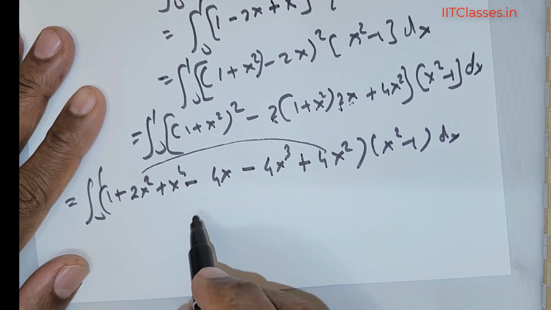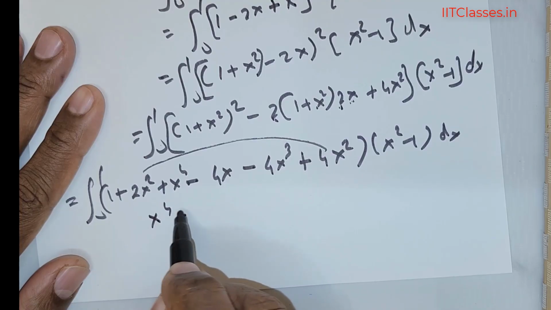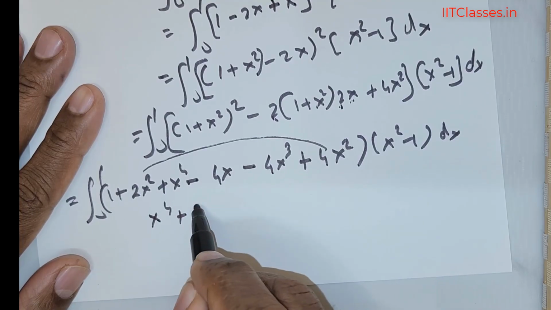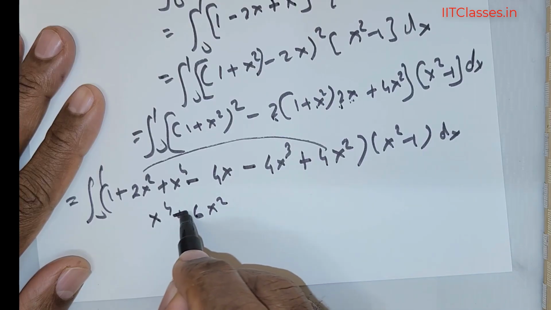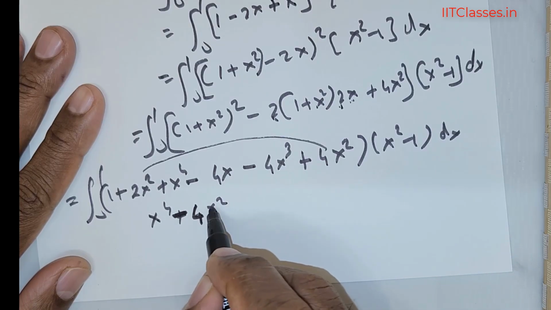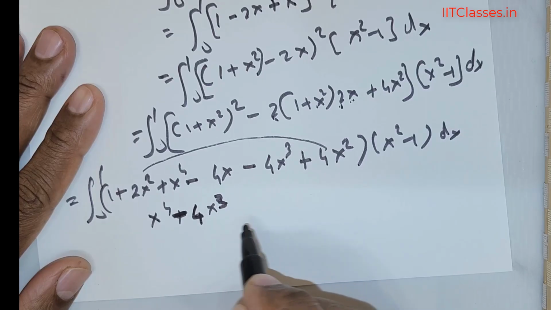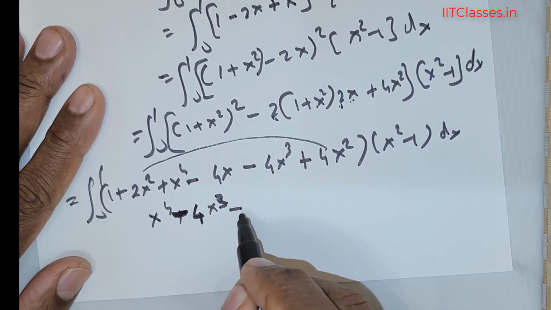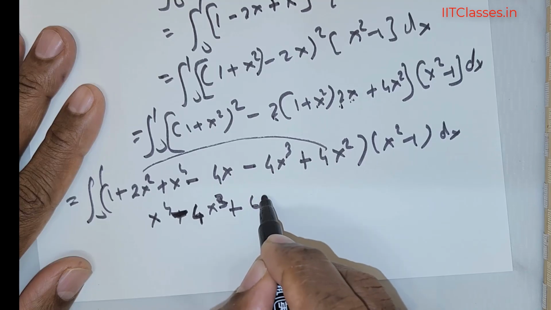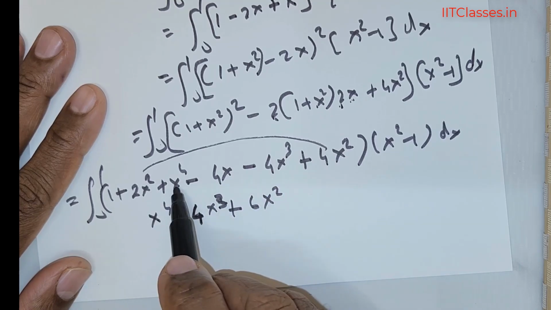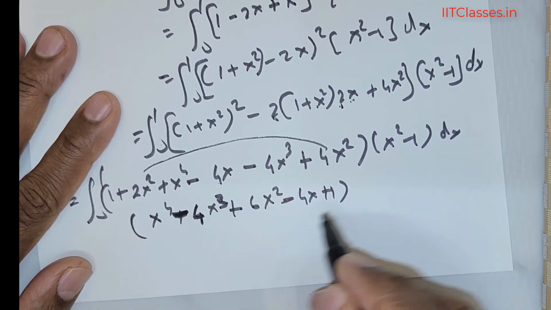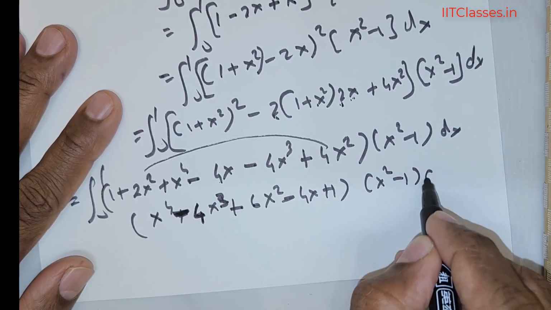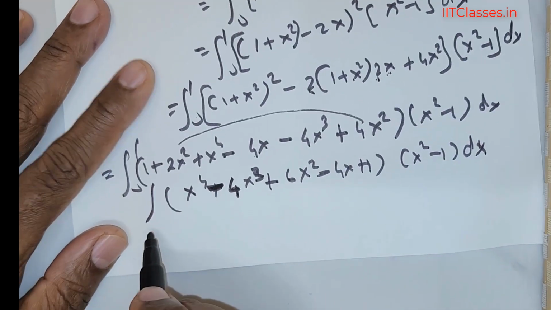I have nothing else to club. So this is going to be x to the power of 4 first term, then second term negative 4 times x power 3. My third term is going to be 6 times x squared, and the next term is negative 4x and a positive 1. So this is what I got. This has to be multiplied with x squared negative 1 times the dx.